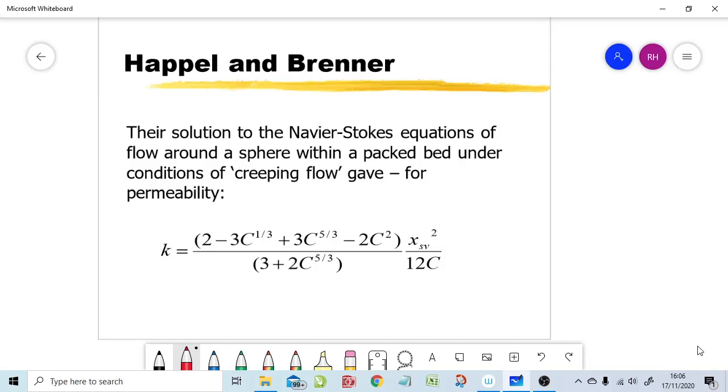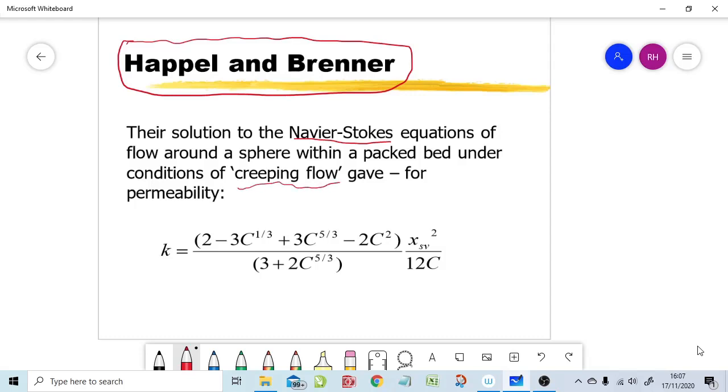In the 1960s, these two fluid mechanics people came up with an alternative way of calculating what is in fact permeability from the Navier-Stokes equation, and it's a very elegant derivation. There's a book that describes the low Reynolds number hydrodynamics, describes the derivation from the Navier-Stokes. It's under the conditions of creeping flow.